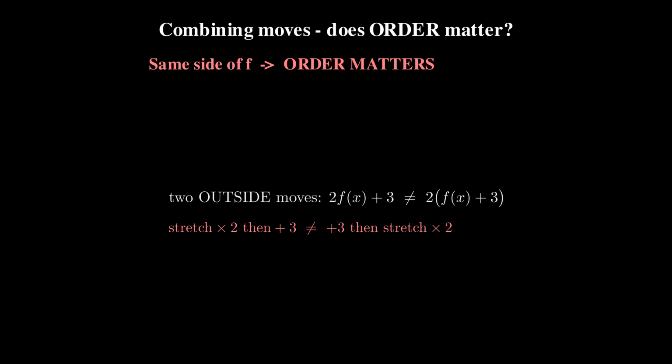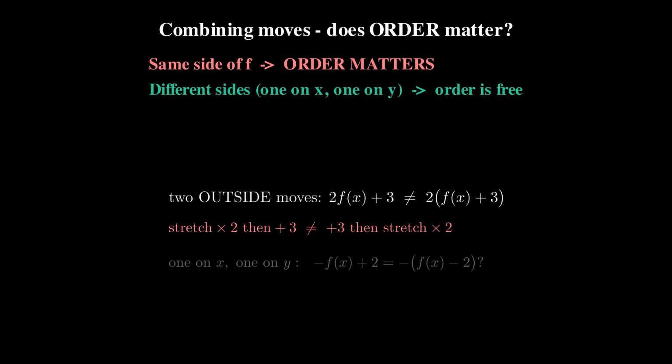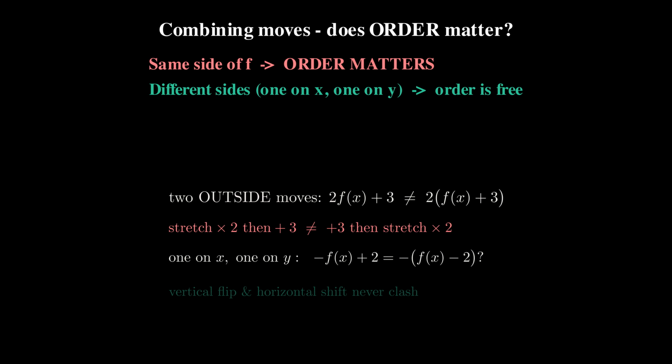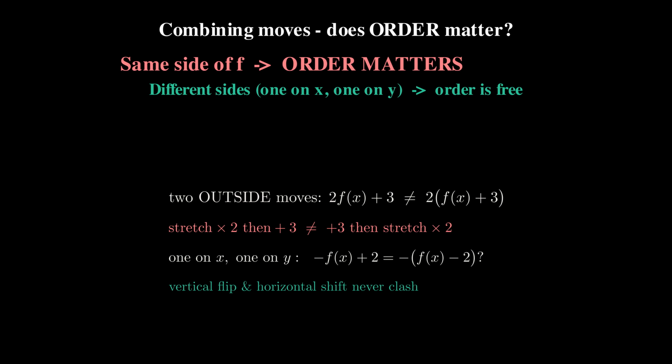But if the two moves act on different sides, say one stretches y and the other shifts x, they never interfere, and you can do them in either order safely. So the practical rule is simple. Watch out whenever several things happen to y together, or several things to x together. We'll see exactly this bite in the worked examples, particularly a vertical stretch combined with a vertical shift.